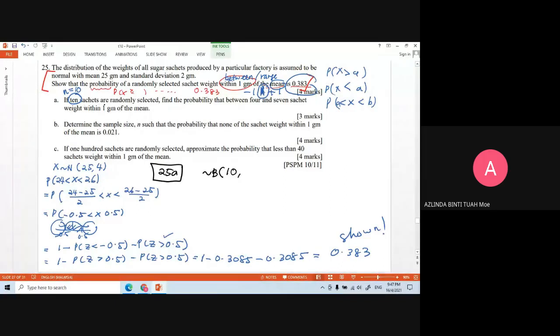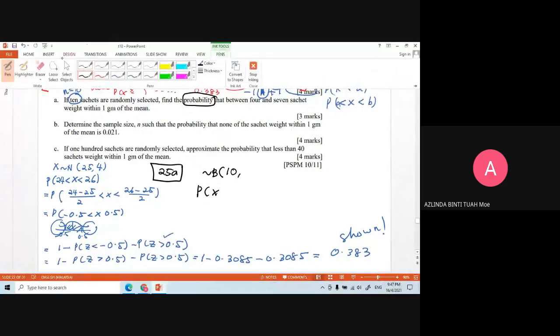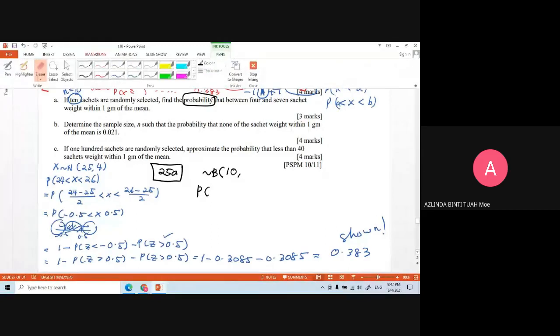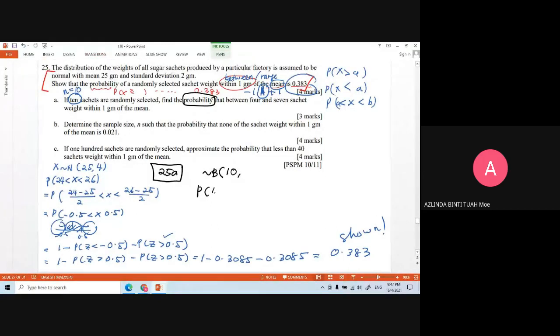10 sachet are randomly selected. Find the probability. Nampak perkataan probability, terus tulis P(X), between 4 and 7. Between, so X is in the middle: 4 less than X less than 7.